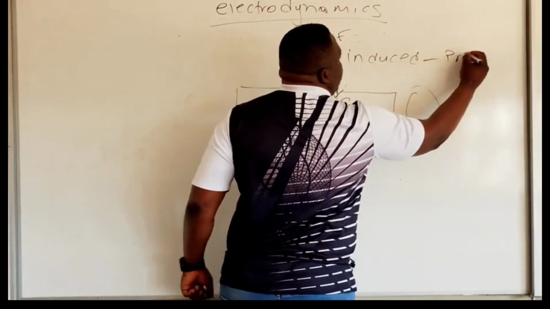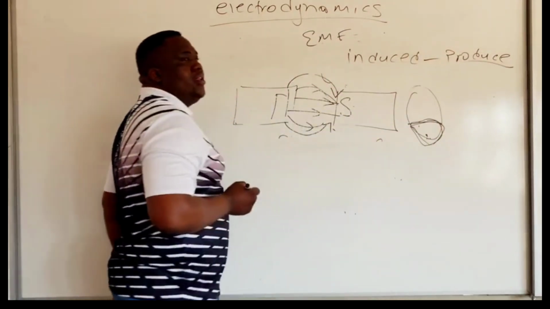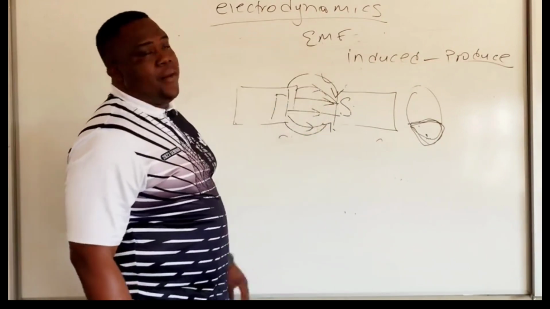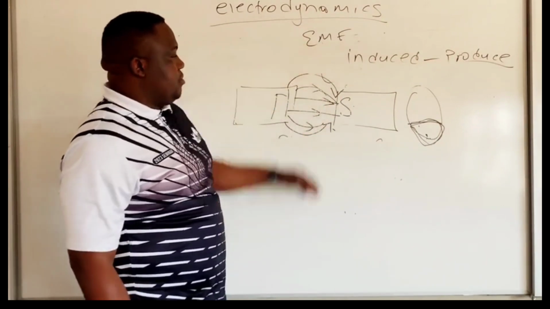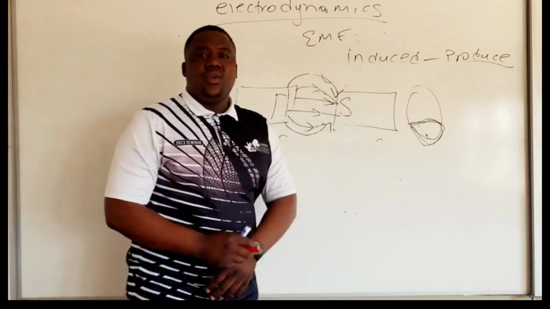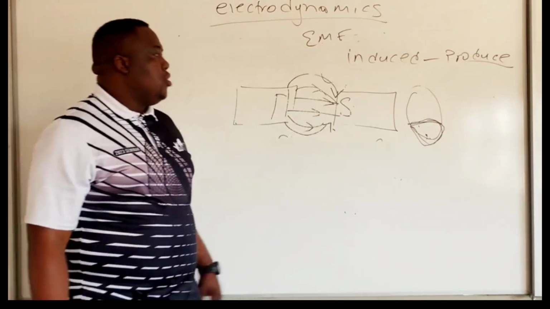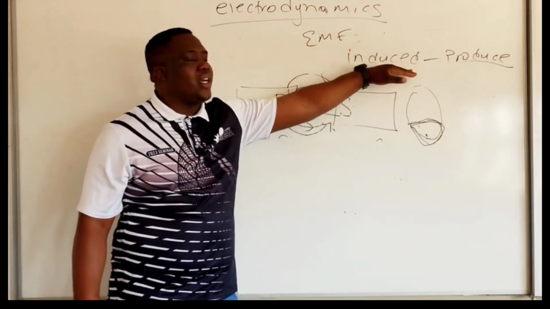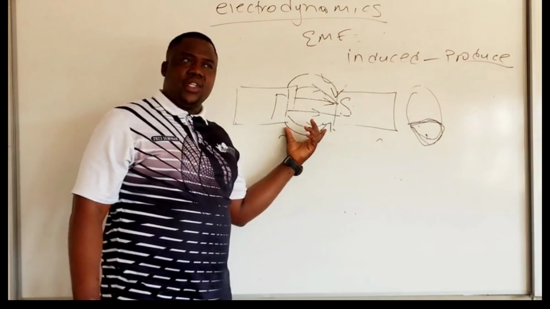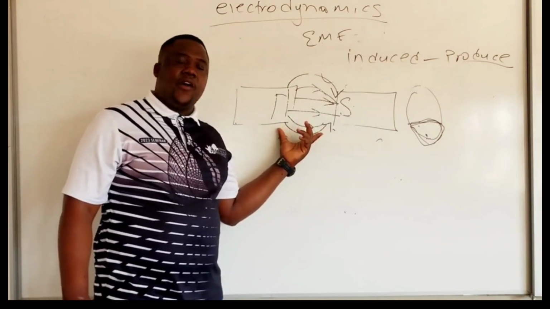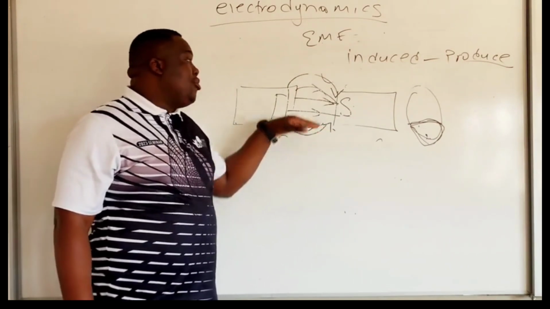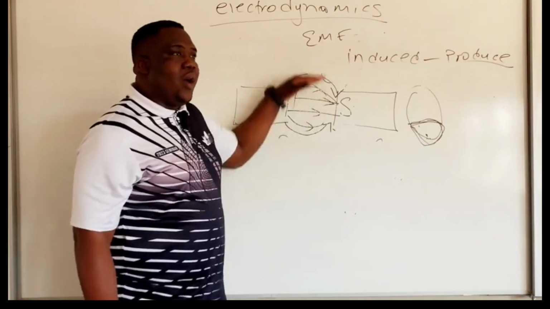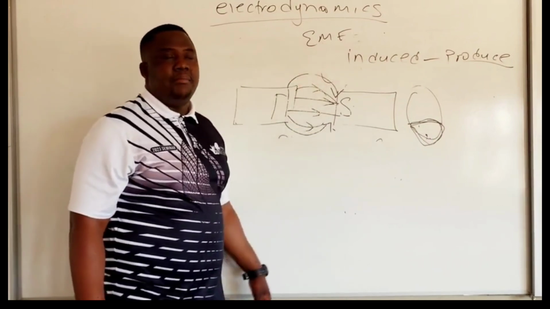So this word induce must not surprise you. We just say produce. So in other words, we are saying that when you move an electric conducting wire along the magnets, along the electric field line, you're going to induce current. Why is the current being induced? Why is the current being produced? It is because of the electromotive force that you have created through moving the electric conducting wire along the magnets.